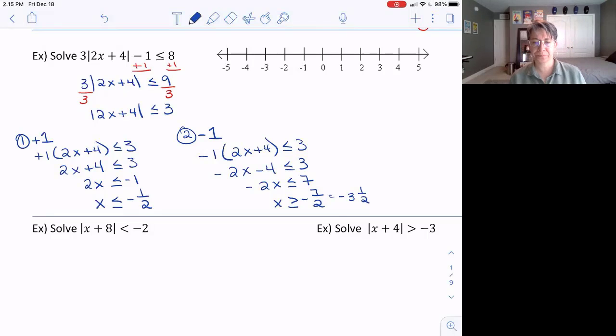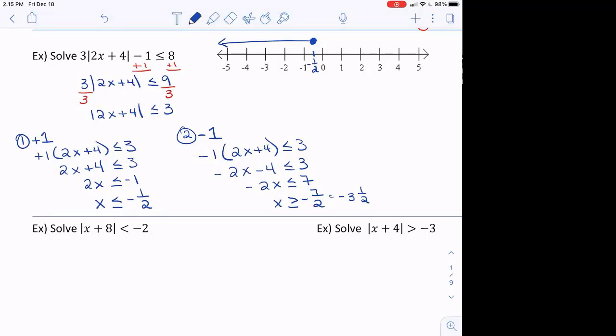And now we can graph the solutions on the number line so we can determine where our interval or intervals lie. So our first one was that x is less than or equal to -1/2. So here is -1/2, less than or equal to, moves it to the left here.